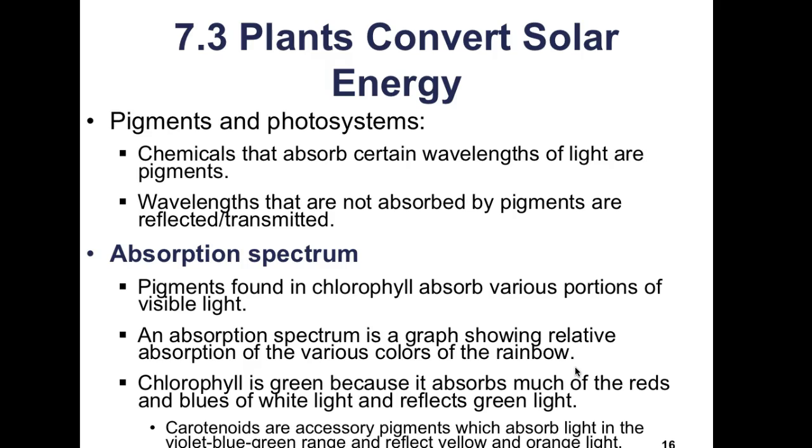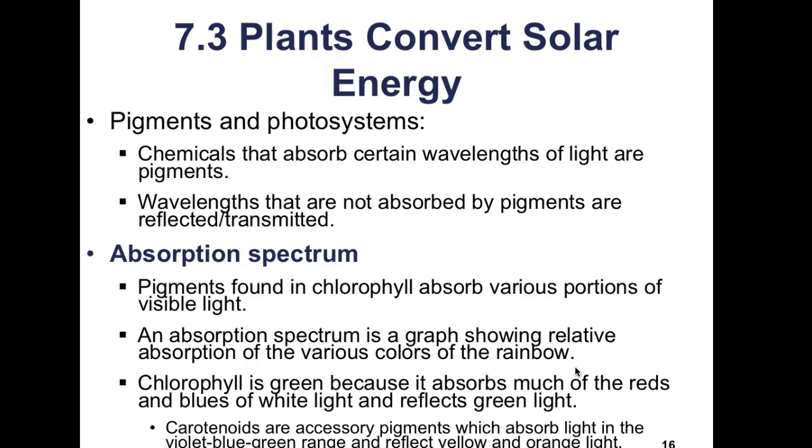So basically, the plants convert solar energy, that would be pigments in the photosystems. Wavelengths that are not absorbed by pigments are reflected or transmitted. This is especially true for green light. In the visible light spectrum, green light is reflected or transmitted, and that's why we see the color green.